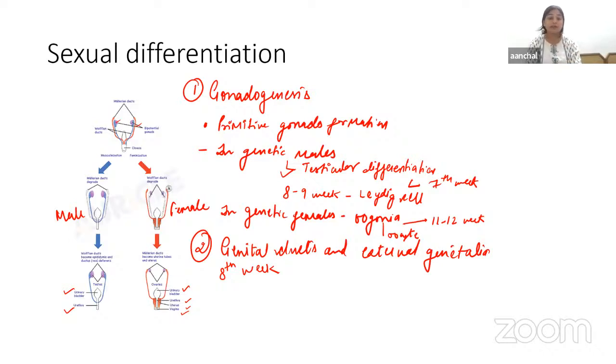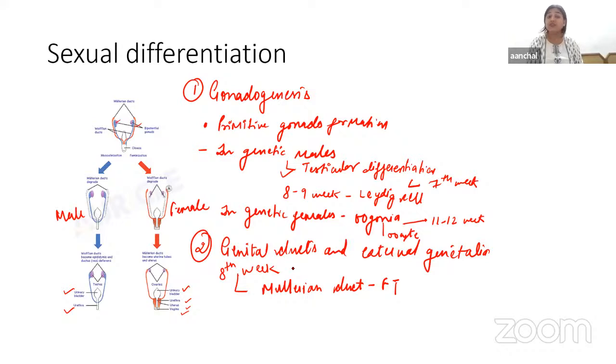Okay. Now what happens if the primitive gonads become an ovary, or if there are no gonads at all? The Mullerian duct forms the fallopian tube. So the Mullerian duct will lead to the formation of the fallopian tube, and the Wolffian duct will disappear.